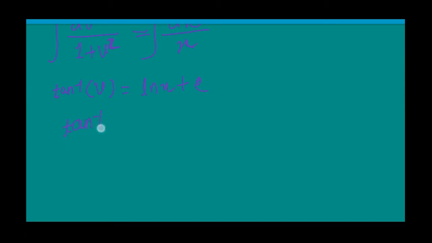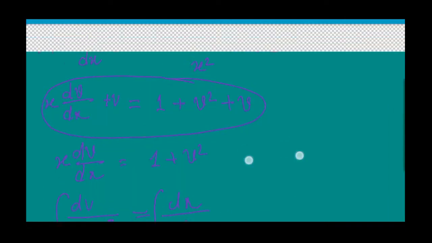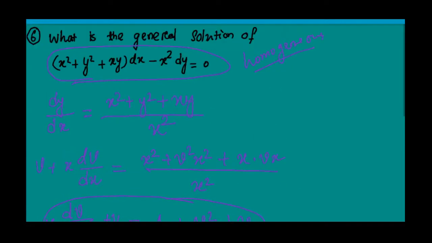So tan inverse of v, which is y by x, is equal to ln x plus c. This is the solution for this homogeneous equation. So this type of problem may not be asked in 1 mark exams. In exams where 1 mark questions are asked, these are only for practicing and for revision purposes.